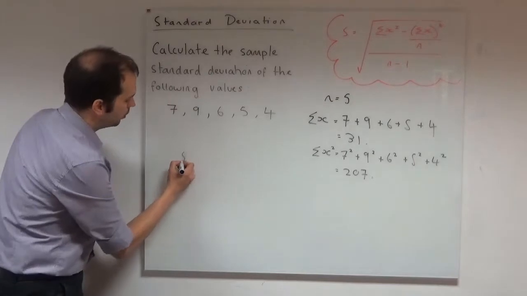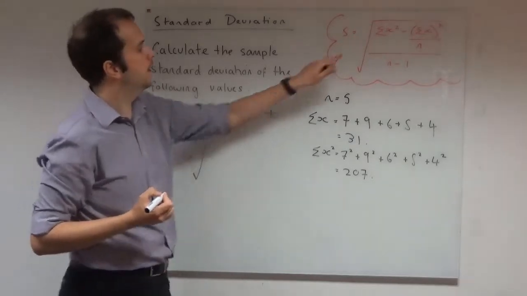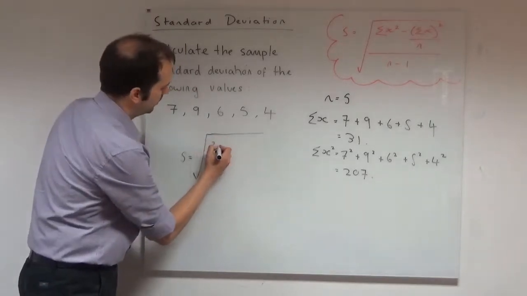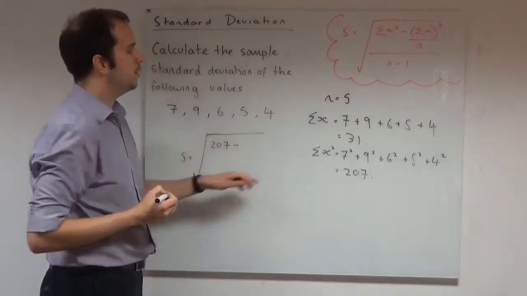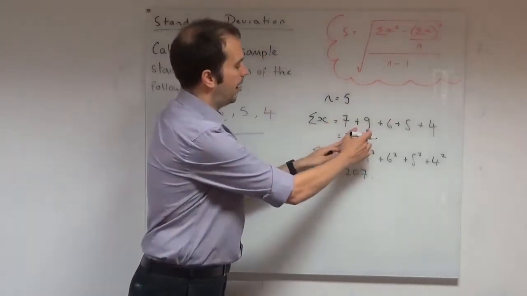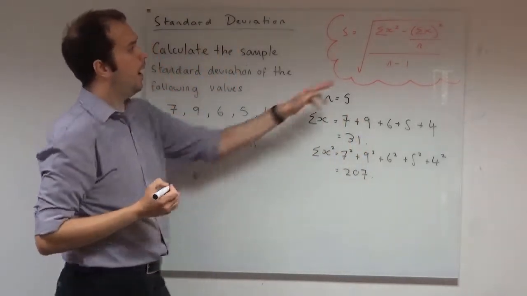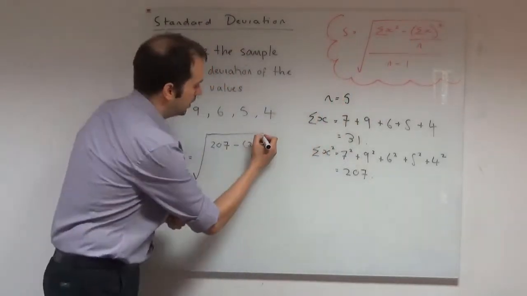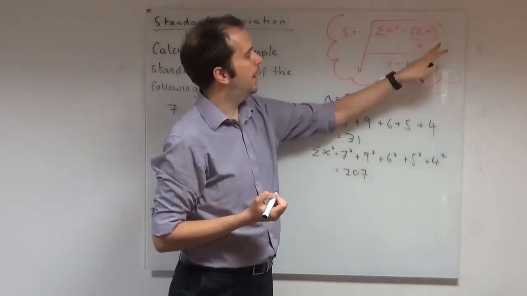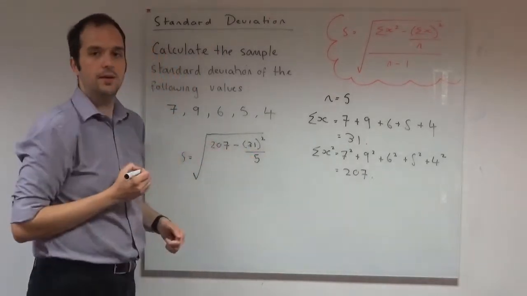So our sample standard deviation is the square root of everything: sigma x squared, so that's our 207, minus our value for sigma x, which was 31, so maybe put that in a bracket, and then we square that value, so it will be 31 squared, and then that 31 squared is divided by our sample size, so that will be over 5.